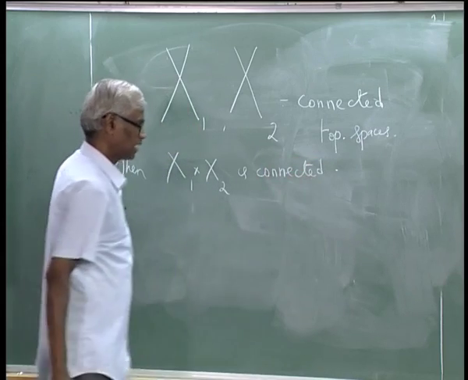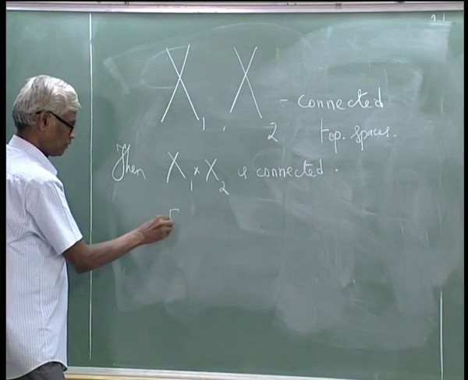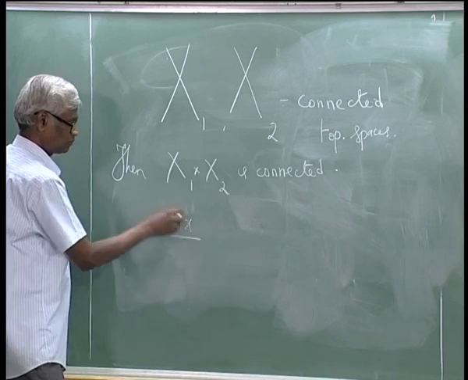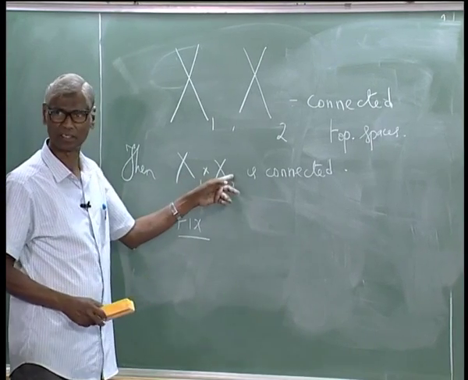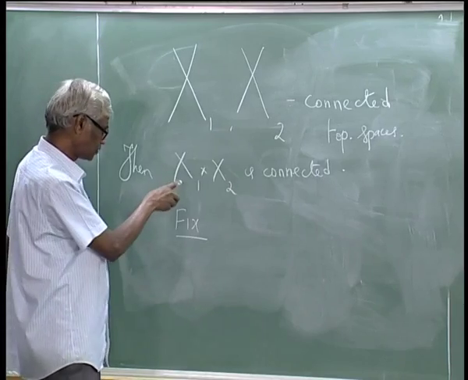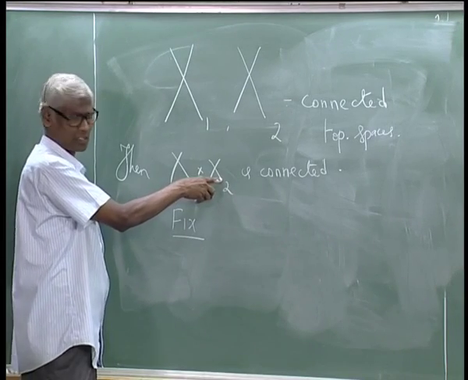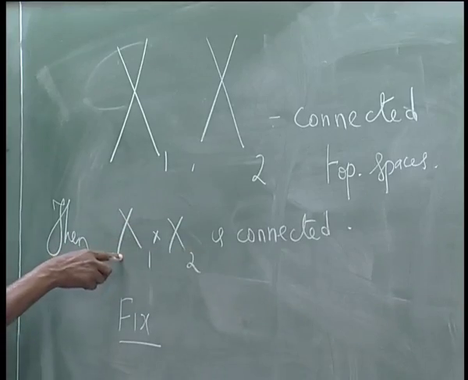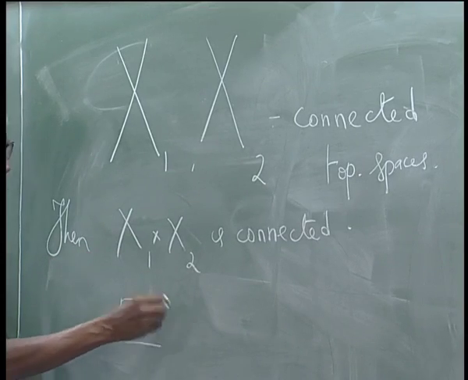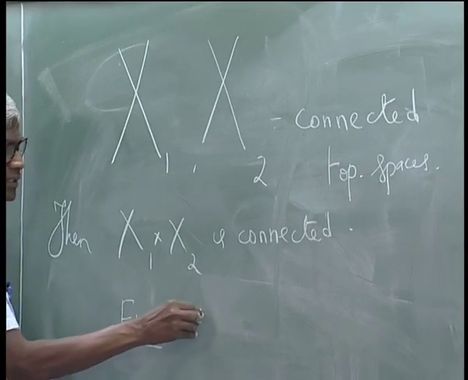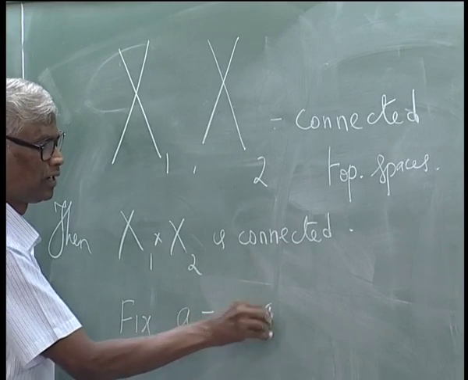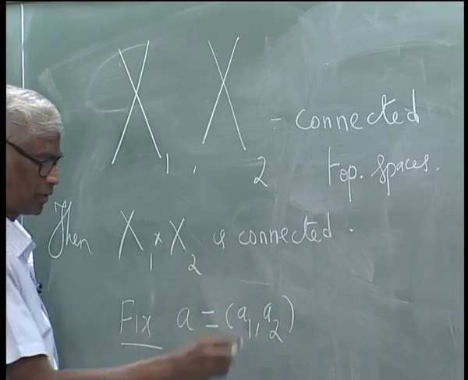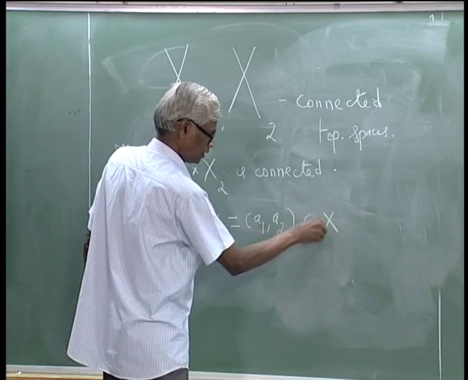Exactly the same way, we will assume that X1 is non empty and X2 is non empty, meaning the Cartesian product is non empty, and hence we can fix an element, say A, which is the ordered pair (A1, A2) belonging to X1 cross X2.